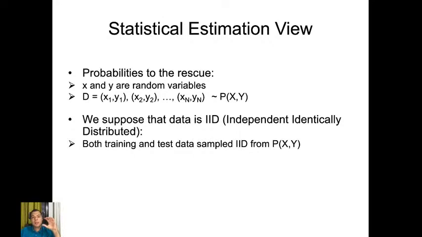Then if the test data has pictures taken during the night, your model is going to perform much worse. You will not expect good performance. This is because the data will not be independently and identically distributed.